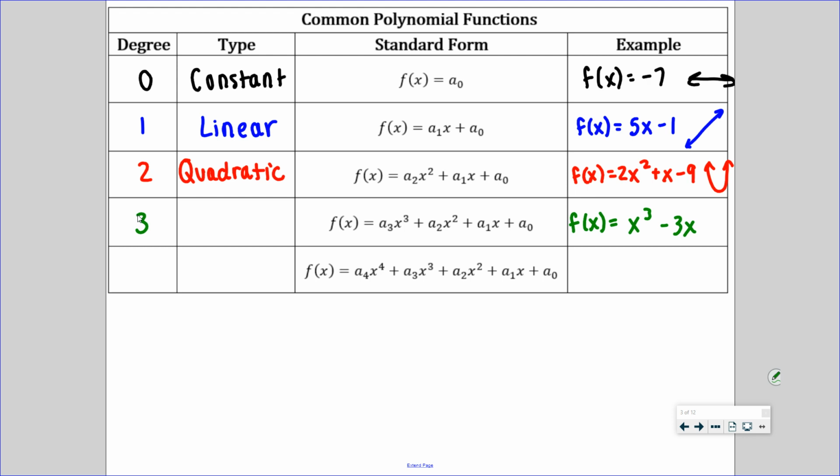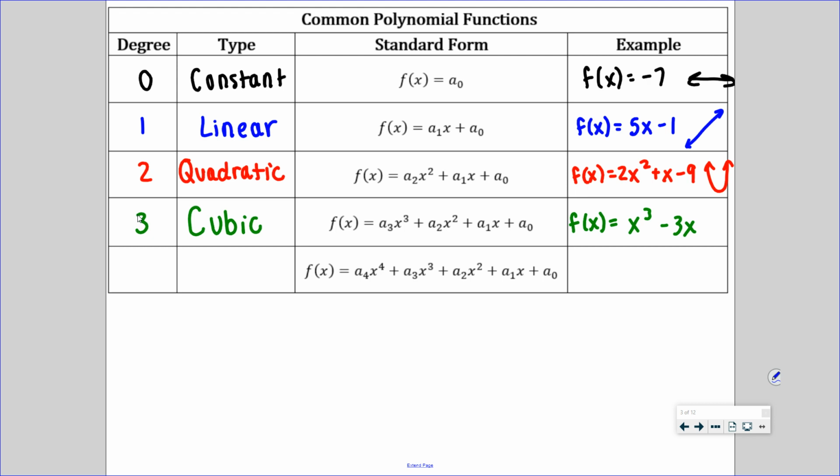Trinomial means we have 3 terms. Think of when you have a power of 3. Cubic.